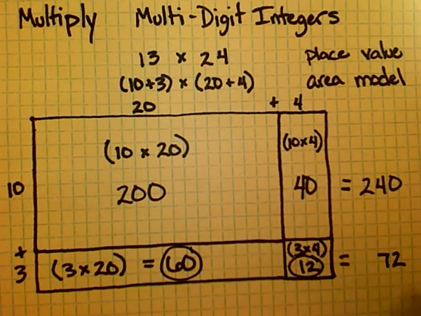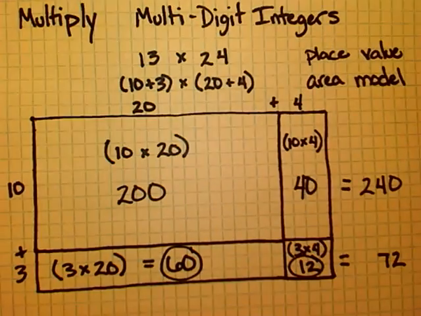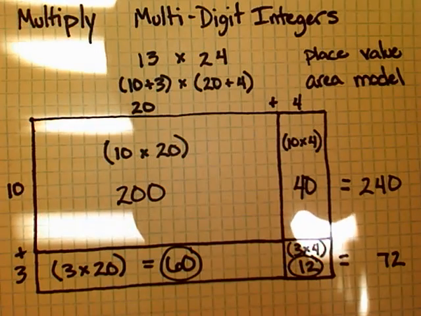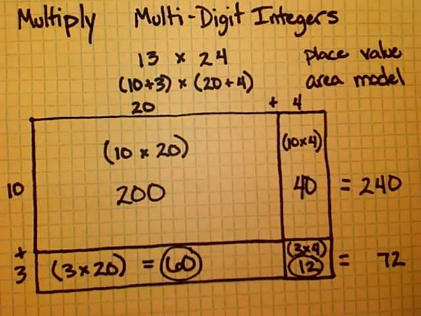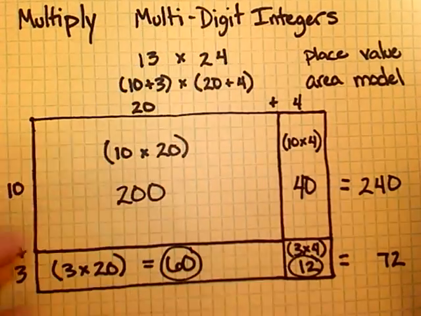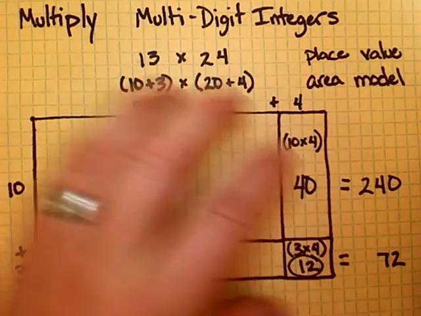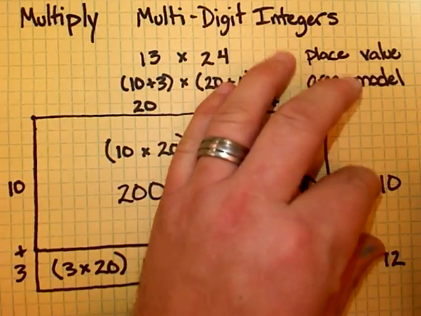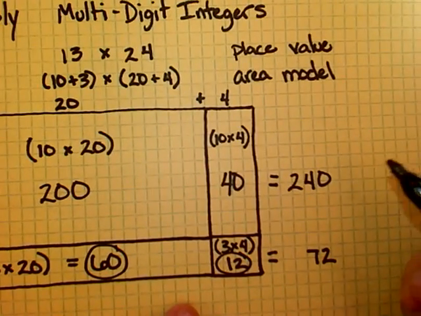The last thing I have to do is add these two numbers together because I want to combine everything that I did up here with everything I did down here. So I want to combine those, and to do that I'm going to add these two together.